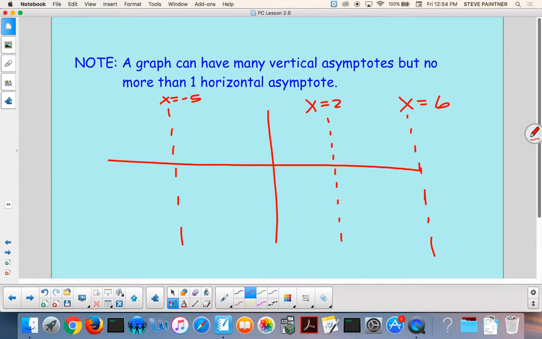But could there be more? Oh yeah. But no more than what? One horizontal. Okay, so there can't be 2, but can there be no horizontals? Yeah, we already talked about it, so yes, there could. We'll go like this. Okay, and we'll call this y equals negative 3. So this is how wicked stuff can look.